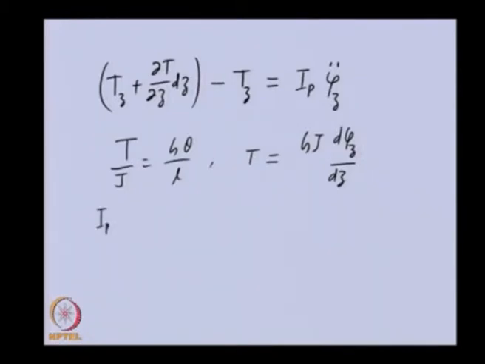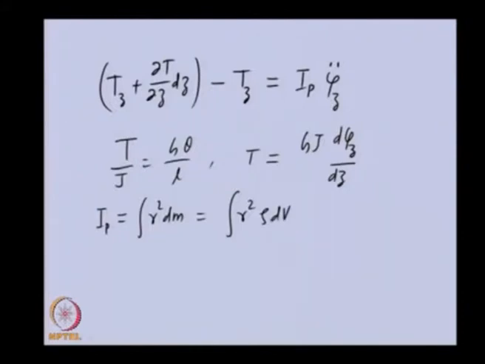And IP, which is the mass polar moment of inertia, is given as r square dm. dm is the mass of the shaft segment, so we can write this as r square rho dV.